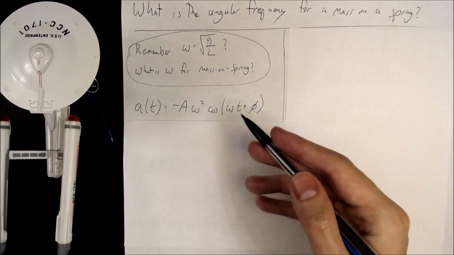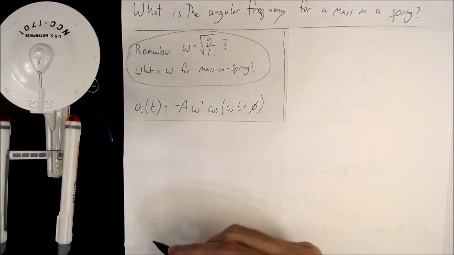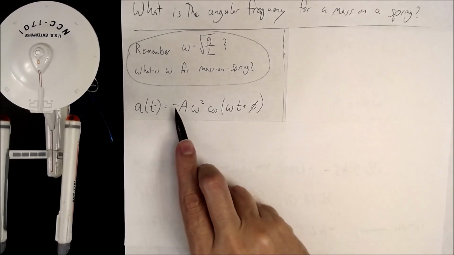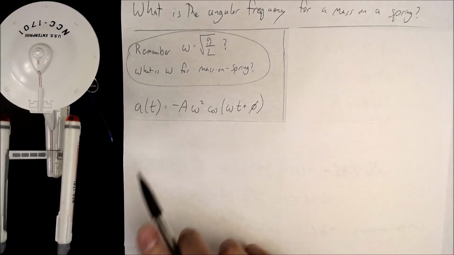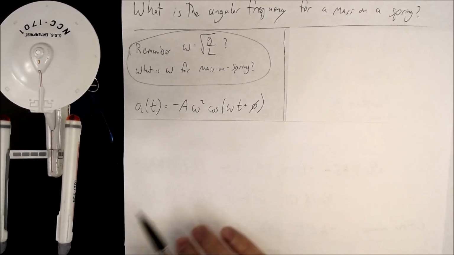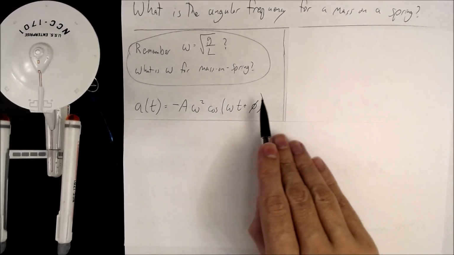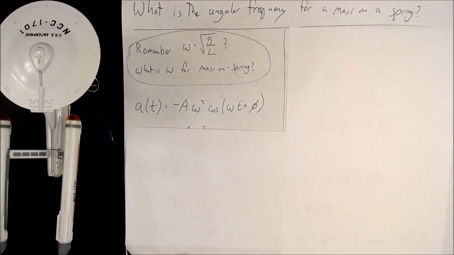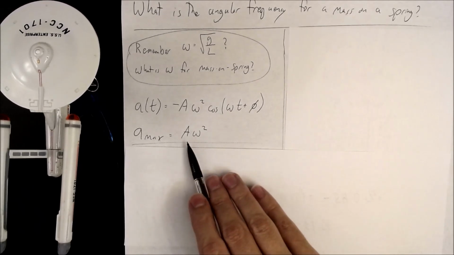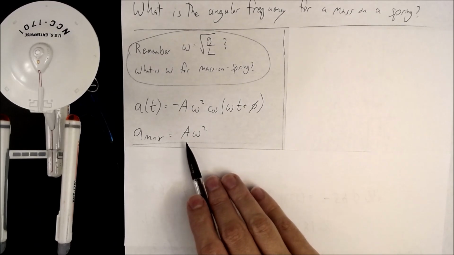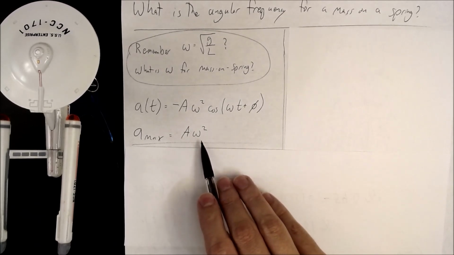We need it to be 1 because that's going to generally maximize things, but we need it to be negative in particular because we can get rid of that negative that way. Well, if we make this -1, then we can say that the maximum acceleration of a mass on a spring is going to be the amplitude of the oscillation times the angular frequency squared.